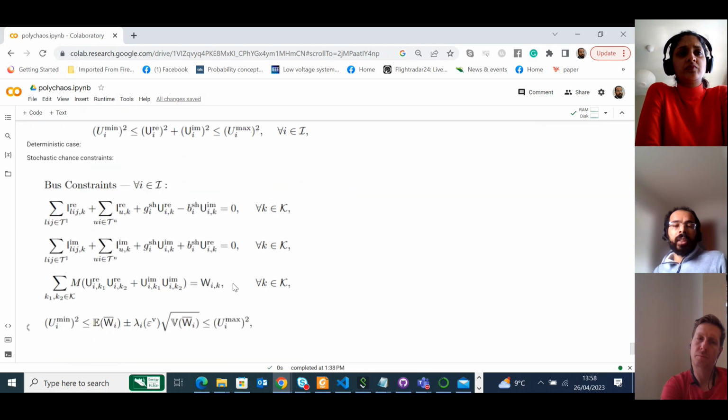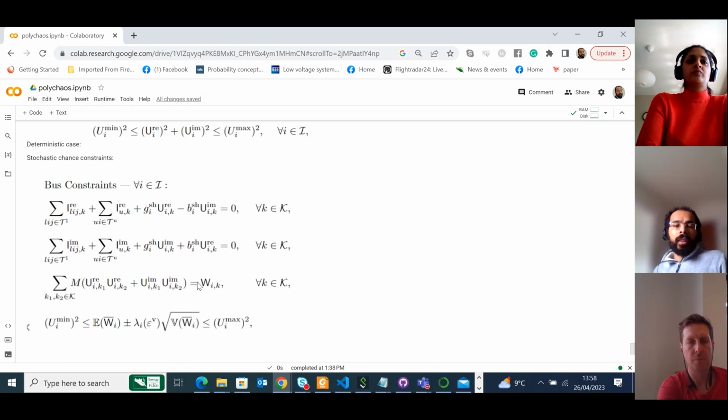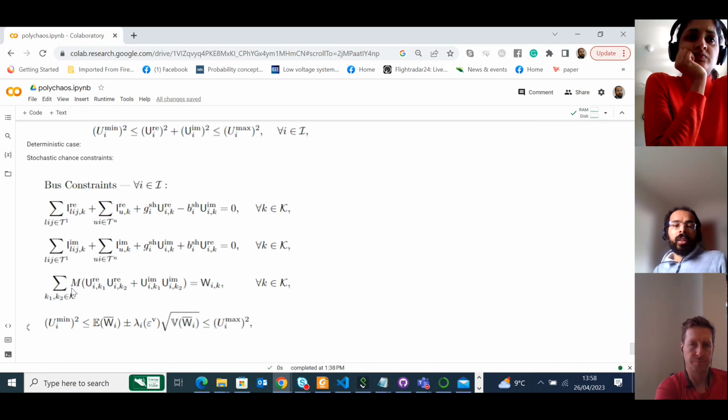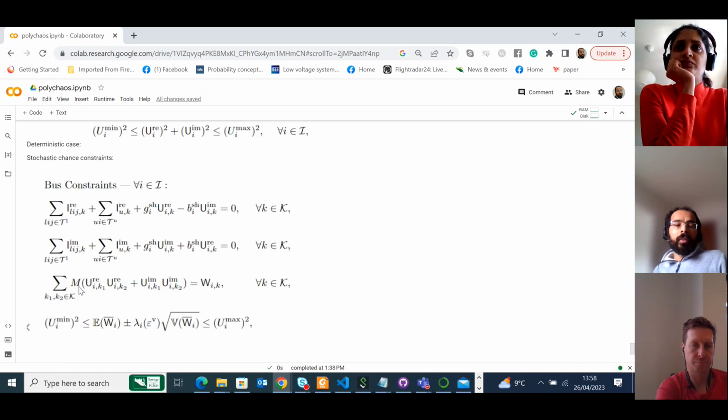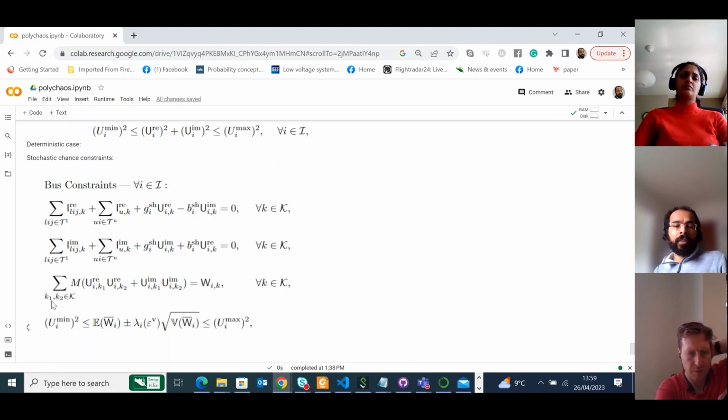What we do is bring in an auxiliary variable called W, which is the square voltage, and which is represented as a sum of these tensor products, multiplied by m, the factor we got from the tensor product of the polynomials. This m changes for every k1 and k2; for every k1 and k2, m is different.